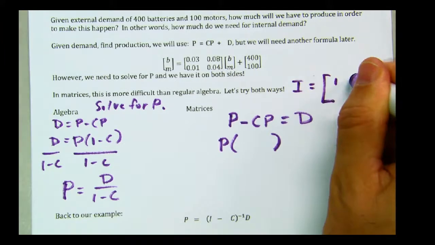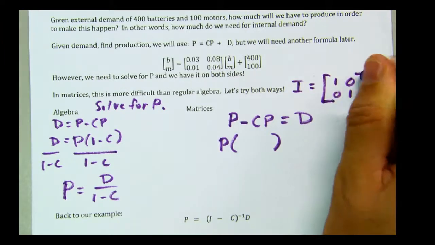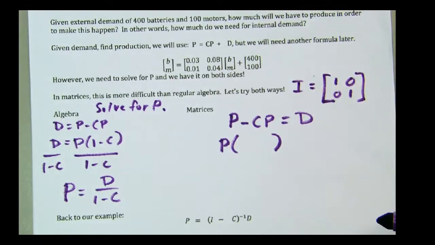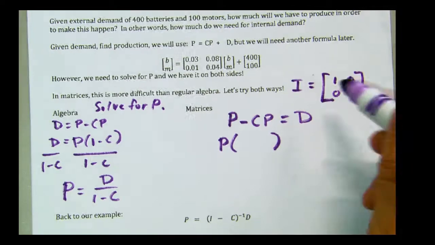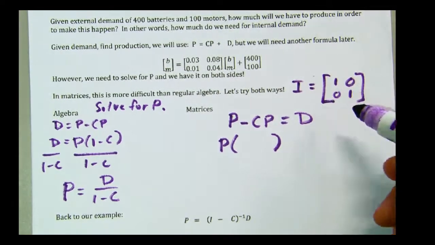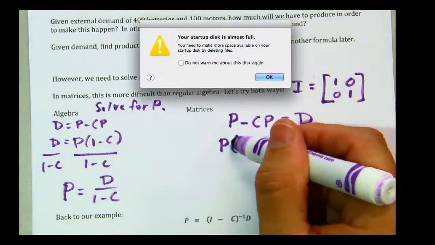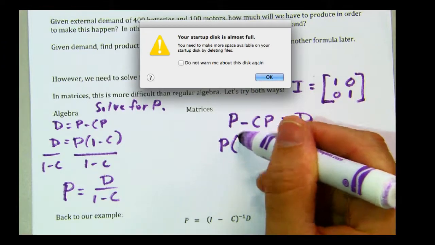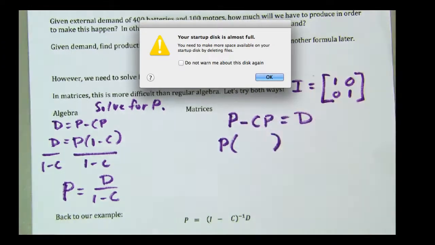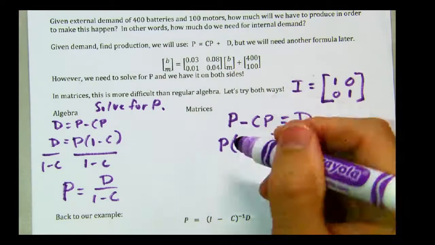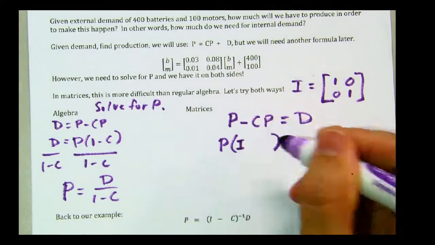And for a 2 by 2, the identity matrix is just the 1s along the diagonal. So if you remember your transformation matrices, when we multiplied by this matrix, we got the same picture straight back. That's your identity. So when I factor out a P here, P times what matrix gives me back a P? I take this P and multiply it by I.